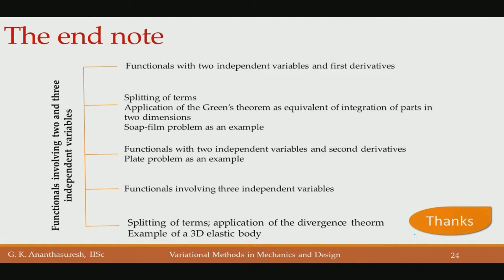Just to summarize this, we have discussed 2 and then 3 independent variables, and we looked at Green's theorem as an extension of integration by parts in 2 dimensions, and there is Gauss theorem to help us in the 3 dimensions.